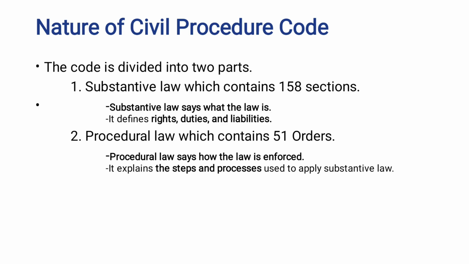It also explains what people are entitled to. It sets penalties and also the remedies. And coming to the procedural law, it contains 51 orders. Procedural law says how the law is enforced. It explains the steps and processes used to apply substantive law. It will tell us how to file a case, how trials are conducted, how evidence is presented, and how appeals work.